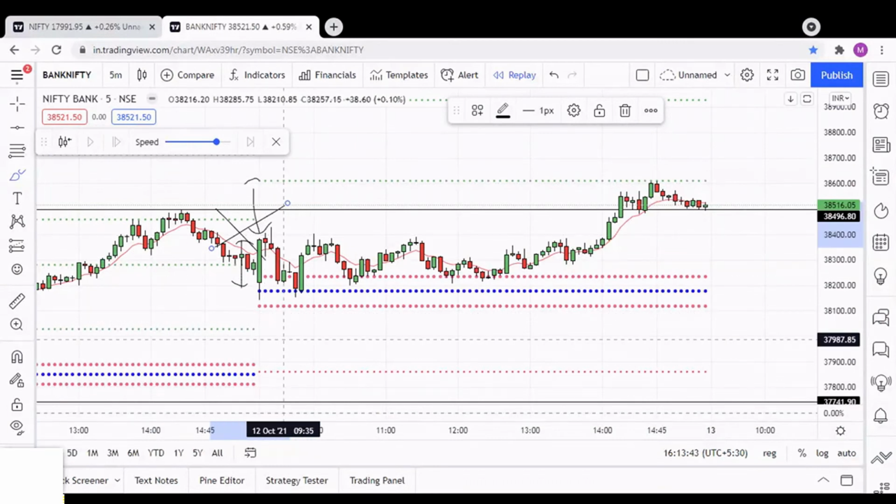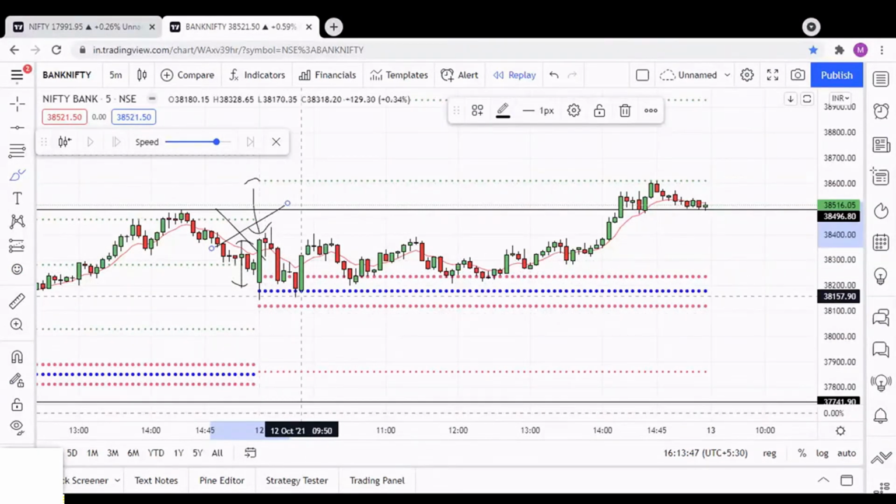Looking for the next opportunity, one could look here at this point for a retracement. But look at this green candle. After the retracement, there is a big green candle. We cannot go long on this green candle because the stop loss will be a problem here too.